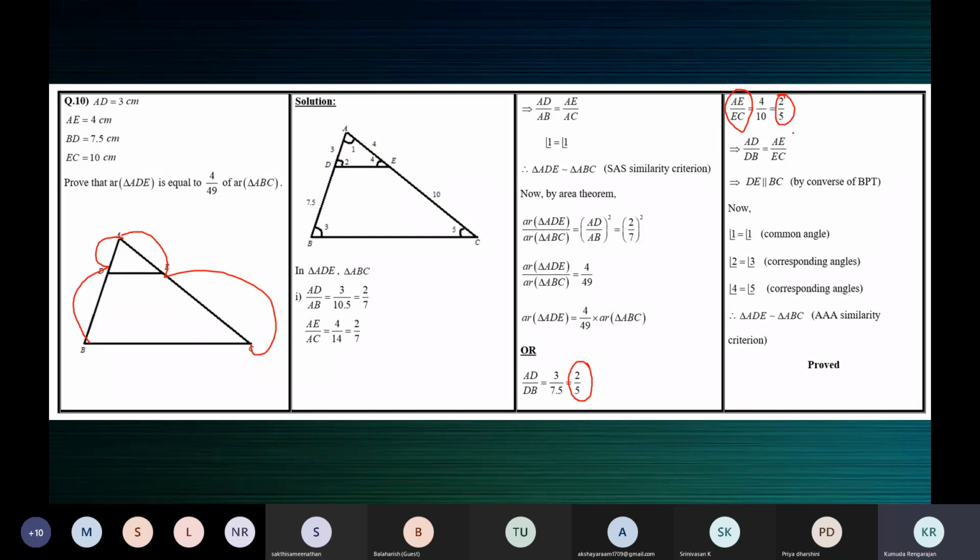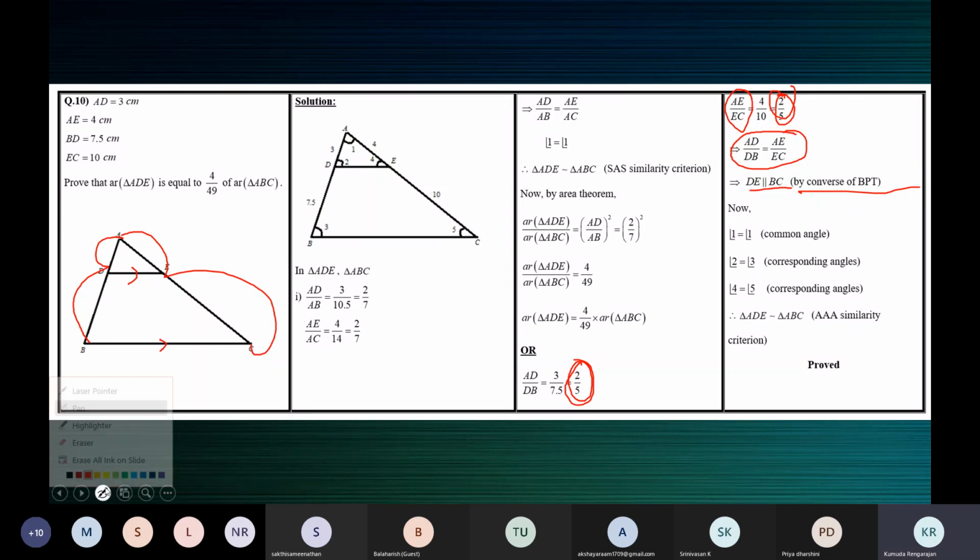So AD by DB is equal to AE by EC. By the converse of the basic proportionality theorem, DE is parallel to BC.